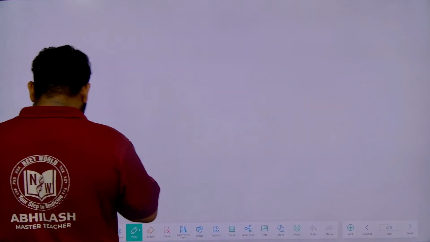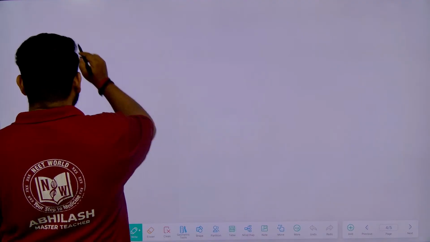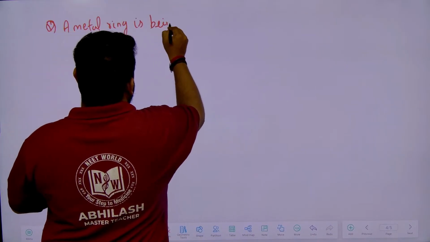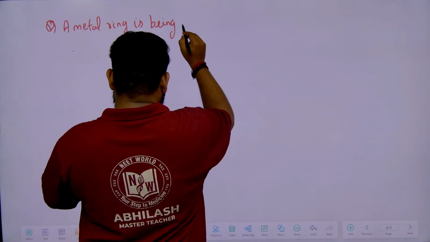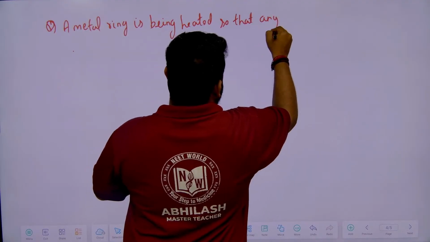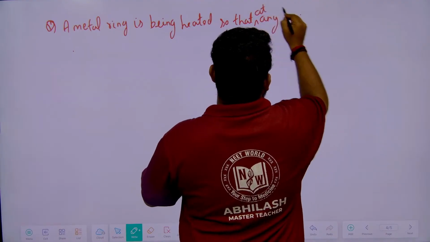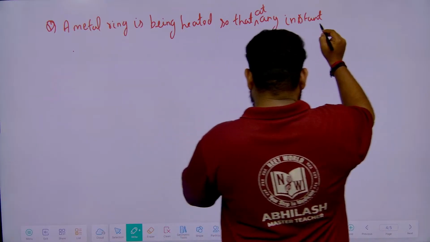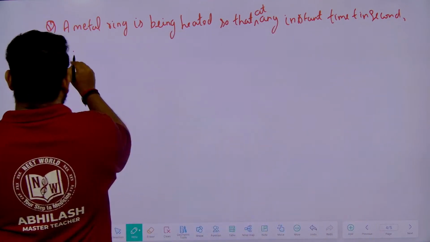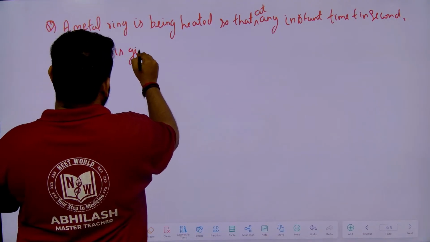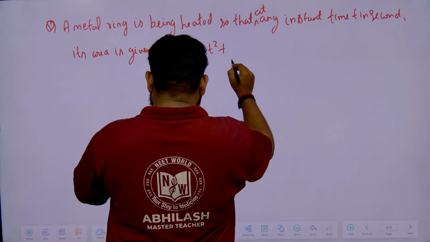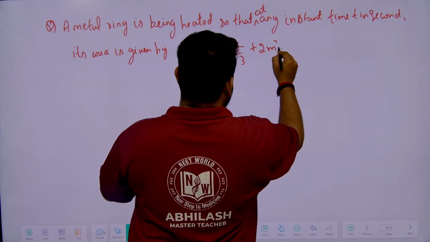Next they are telling: a metal ring is being heated so that at any instant time t in seconds, its area is given by A is equal to 3t square plus t by 3 plus 2 m square.